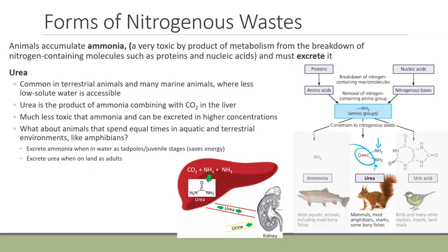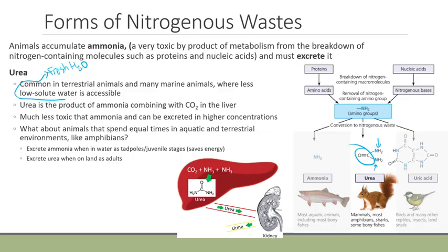Again, this is happening in marine animals and terrestrial animals where they do not have a lot of low solute water. Low solute water would be fresh water if you want to think of it that way. They don't have it, so they can't just pee a lot.